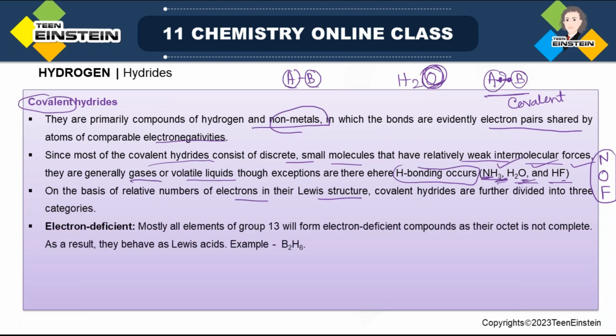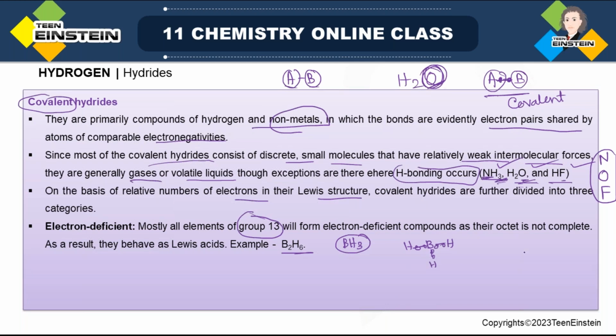The first type is electron deficient. This type of covalent hydride you will get only from group 13 elements, boron and aluminium. The example we have taken is B2H6, which is basically the dimer of BH3. If you focus on this molecule, surrounding boron there are a total of 6 electrons.